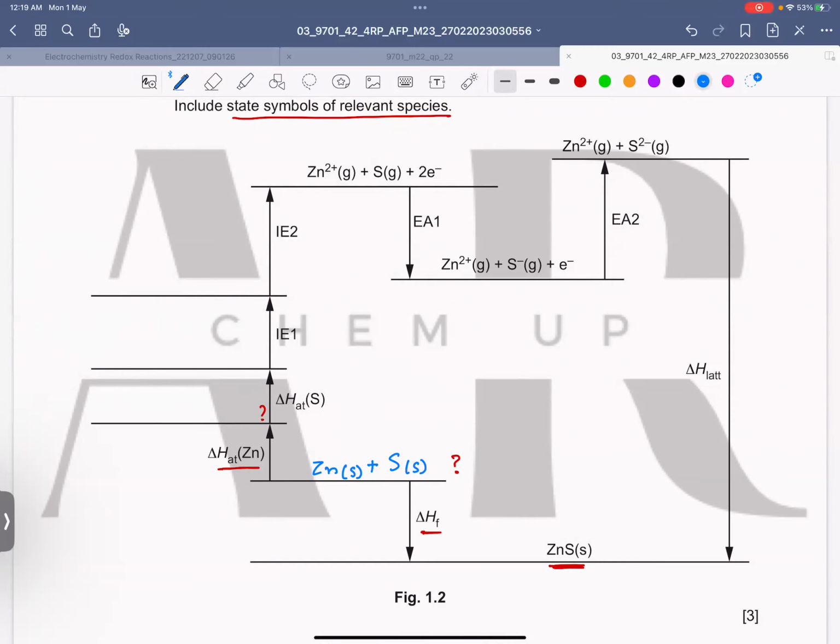Atomization, if you recall, is the energy change when 1 mole of gaseous atoms is formed from its elements. So as it's an atomization of zinc, zinc turns into gaseous state and sulfur remains as a solid. Then first ionization energy. The ionization energy is for the one which turns into positively charged ions.